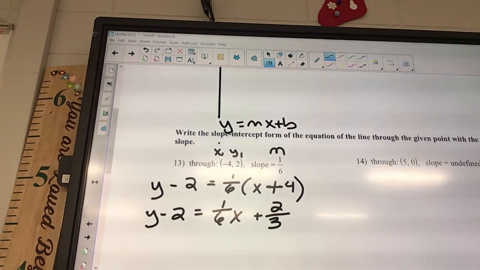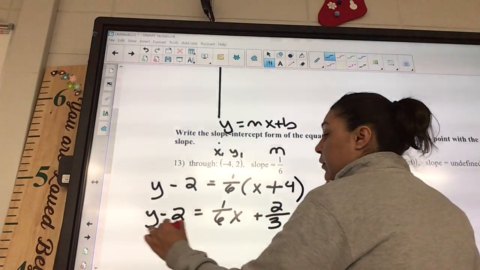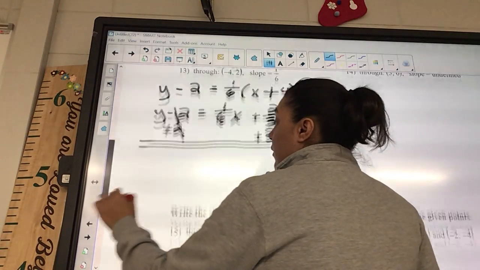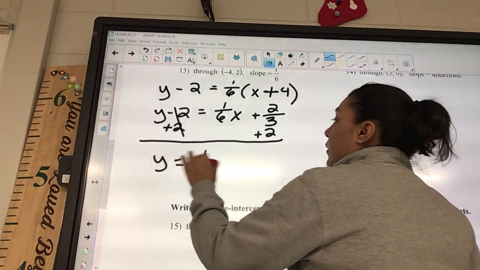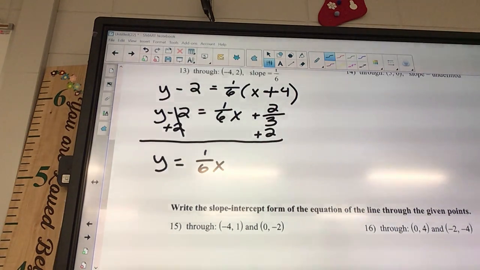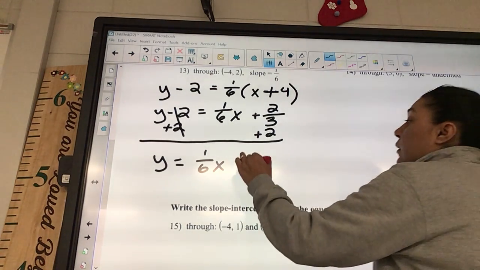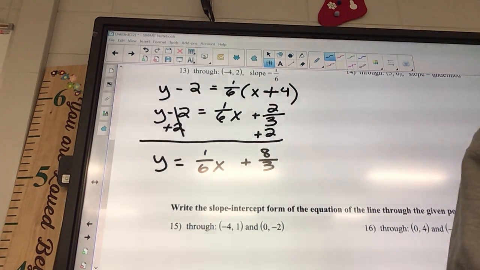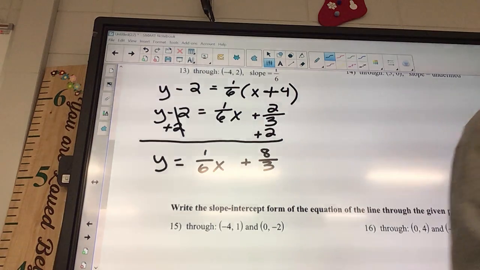And then lastly, we need to say plus 2. What is 2 over 3 plus 2? 8 over 3. Somebody agree with that? Okay, good. Cross off 15 and 16.